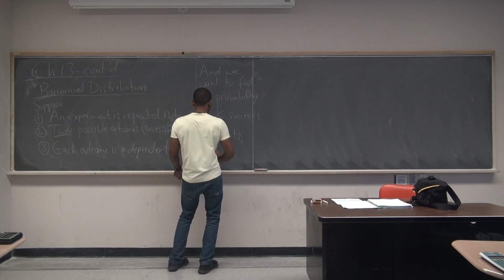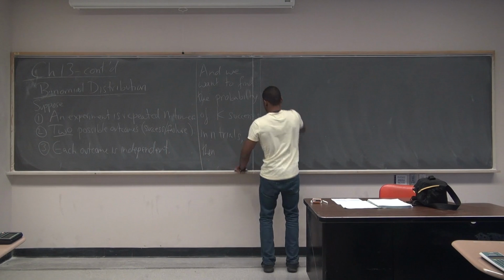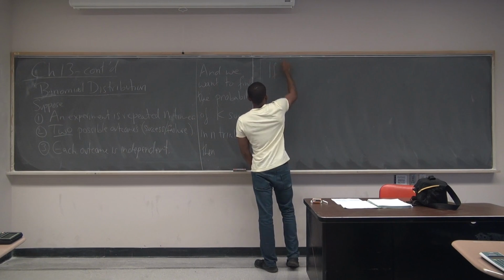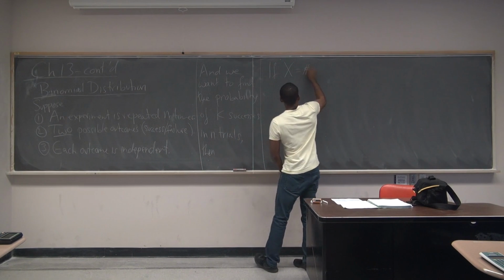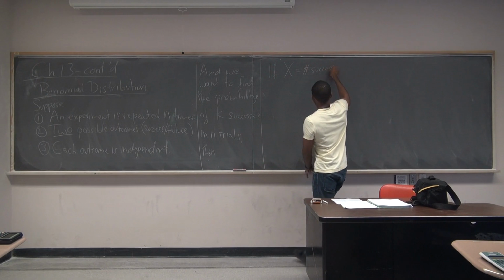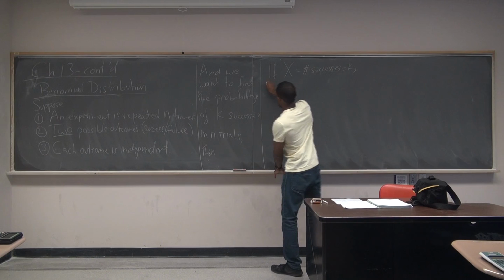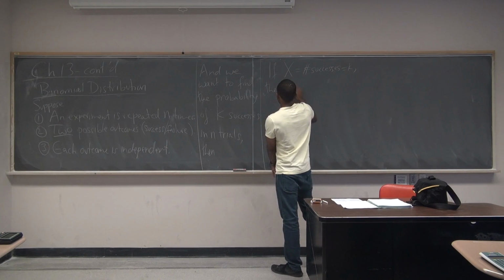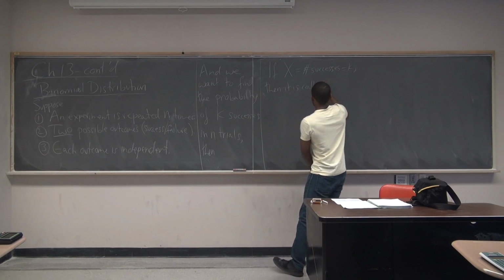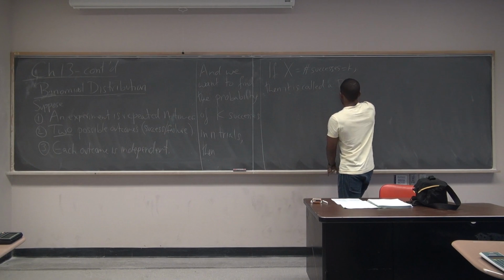Then if x is the number of successes, that is k, then it is called a binomial random variable.